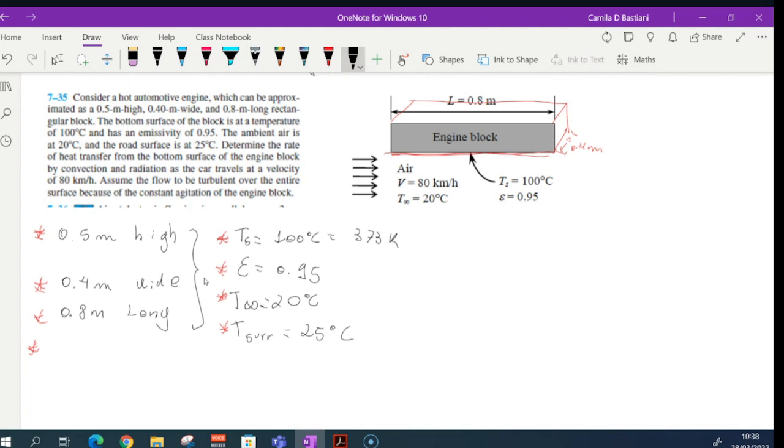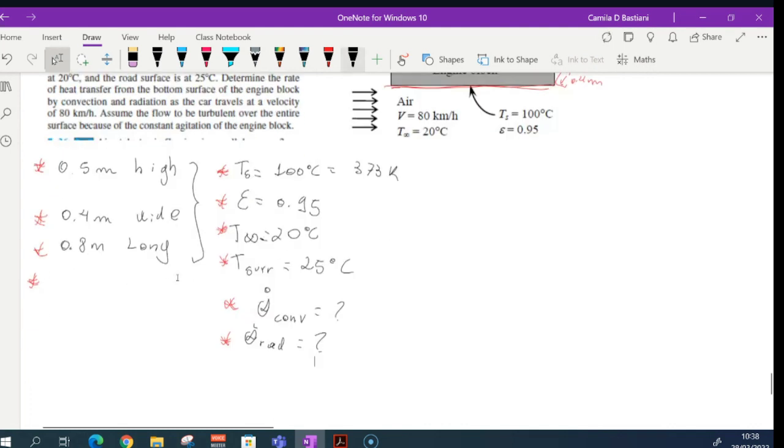Determine the rate of heat transfer from the bottom surface of the engine block by convection and by radiation. It means that I want to find each one of them and then find my total heat transfer by combined convection and radiation.